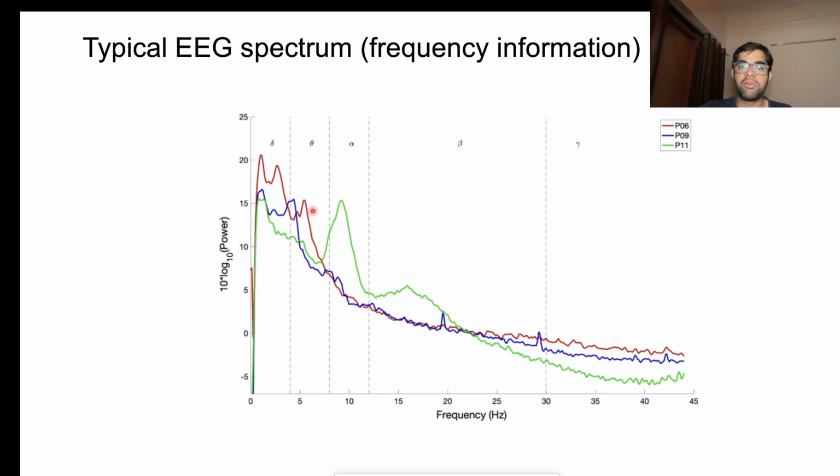In most cases we see a peak in alpha, because there are periods of rest while the subject is doing a task, and there are many components which contribute to this 10 hertz frequency. So that's why you see a peak here. Basically it tells you wherever that frequency is present, you get a peak. Let's say they are doing some memory task, you see a theta peak like the red one here.